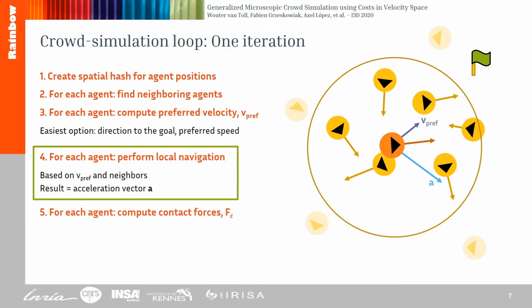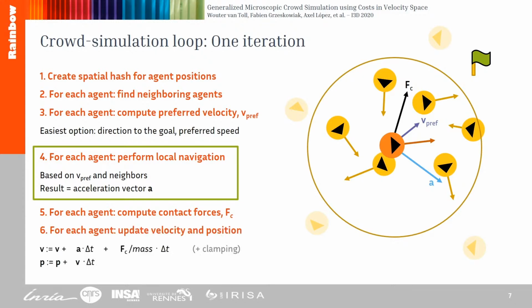Then there is a concept called contact forces, meaning that if certain agents are already colliding, you will want to apply a certain force to push them apart. Usually you will want to avoid collisions altogether, but sometimes you cannot avoid it, and then contact forces can be useful.